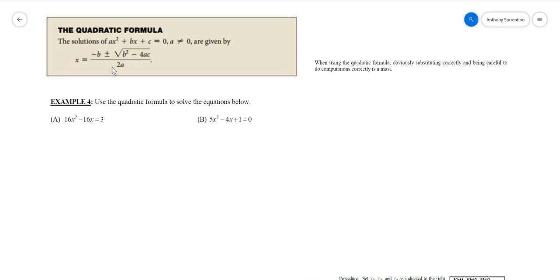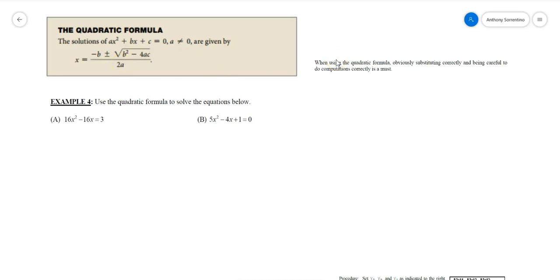And if you've been through any kind of high school level algebra course or algebra 2 course, you probably even have this already burned into your memory. The biggest issue is that a lot of students forget the first part: for x to equal this, you have to have a quadratic equation set equal to 0. And if you don't have it set equal to 0, you have to do that first.